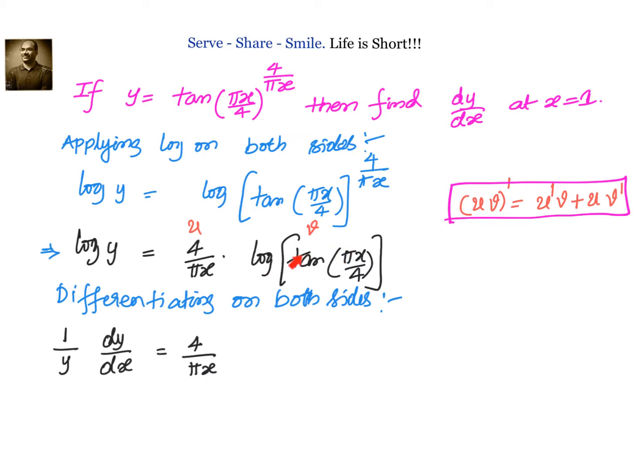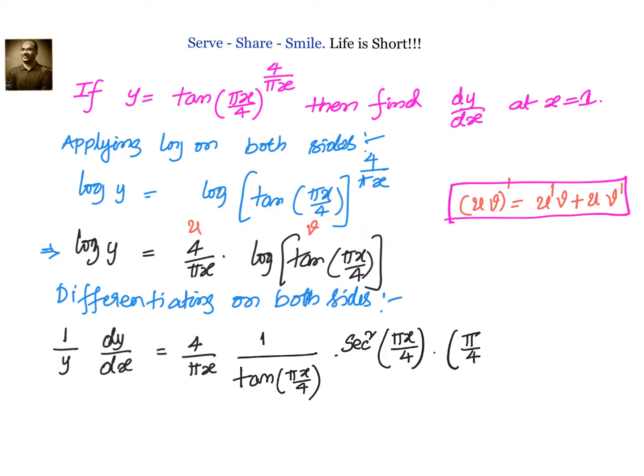The derivative of log of some function will be 1 by that function. So we write 1 divided by tan(πx/4). Then we need the derivative of tan(πx/4), that is by chain rule sec²(πx/4), multiplied with the derivative of πx/4, that is π/4, plus what is the derivative of 4/(πx)? 4/π is constant, and the derivative of 1/x is minus 1/x².